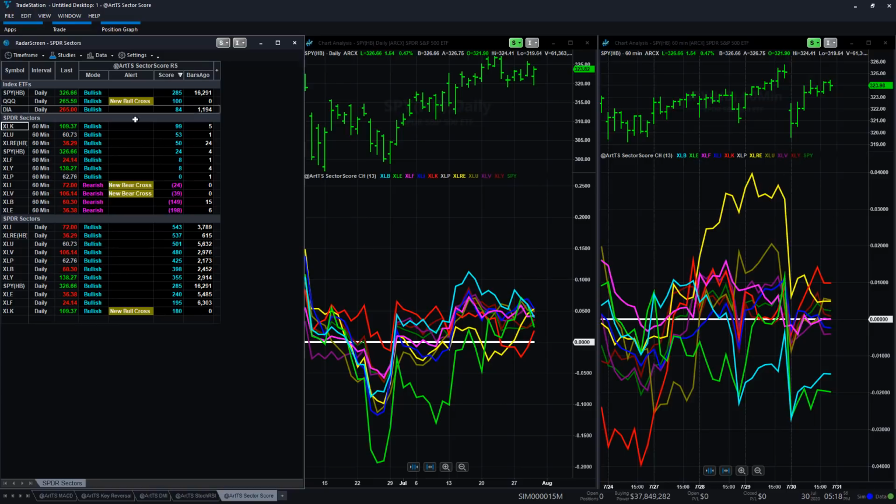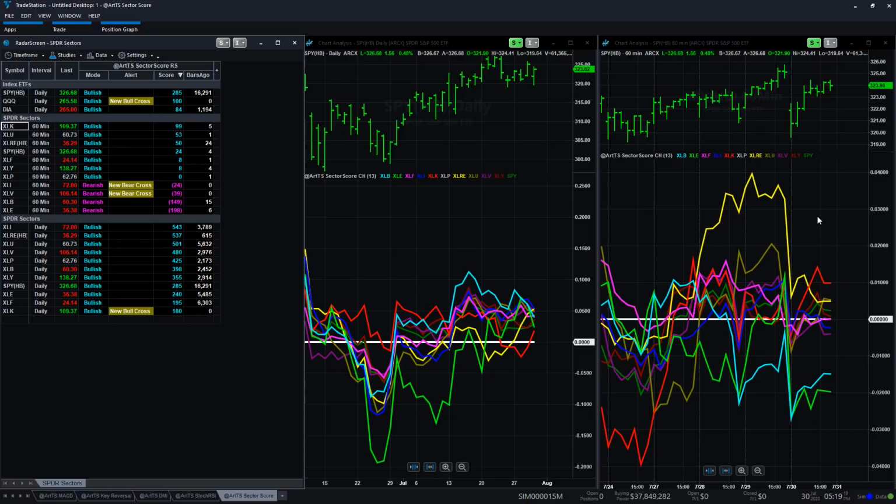So this is this chart here. This shows all of the sectors. There's 11 symbols in here. And here you can see, at the top of that chart, you can see the legend for the colors. So XLK is red, right? You see that XLK is the strongest over here in RadarScreen on the 60-minute symbol.